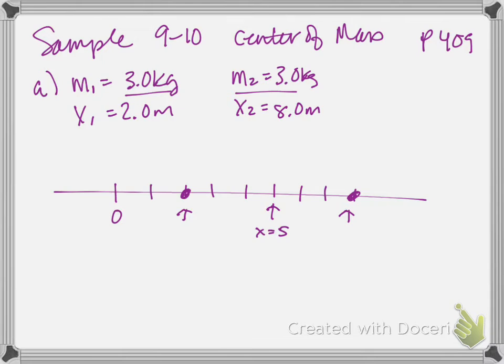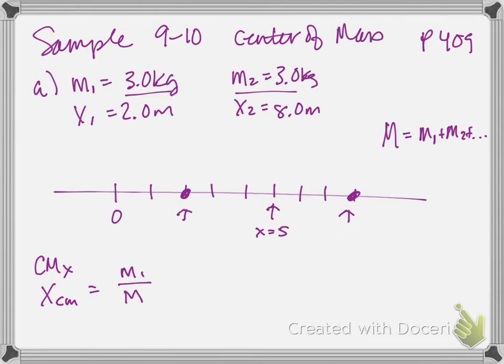To find the x-coordinate of the center of mass, I think your book even says x sub cm, first we take the mass M1 and divide that by the total mass. Capital M is equal to M1 plus M2 plus however many masses we have.